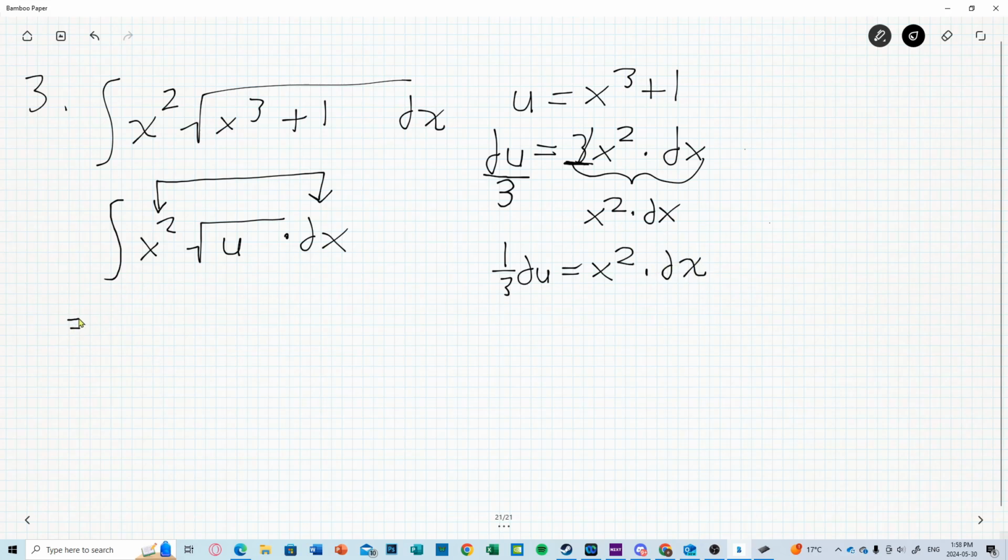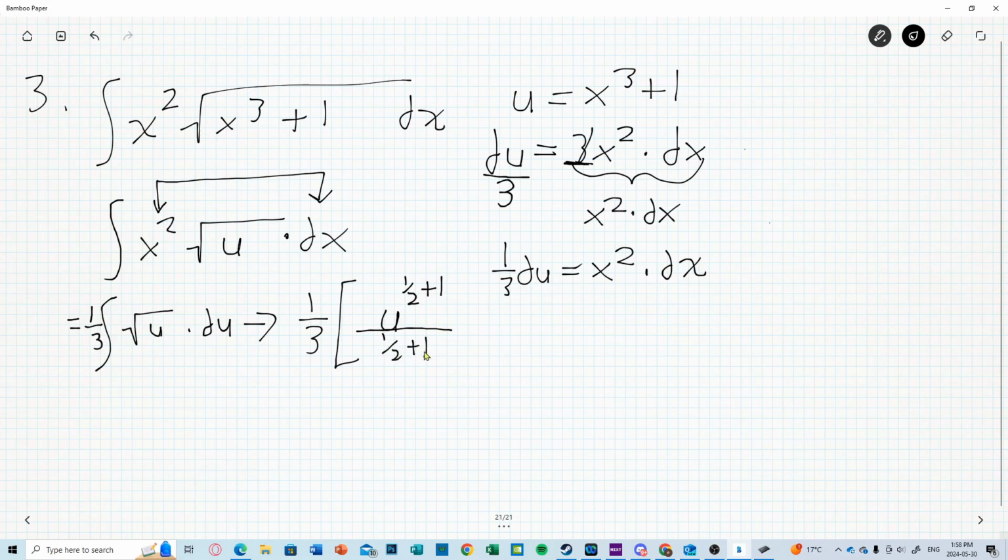So we could rewrite our equation as the integral of the square root of u multiplied by du, and since 1/3 is a constant, we can put that on the outside as 1/3. Then it's just an easy integral where you keep the 1/3 on the outside. It's going to be u, so instead of 1/2, you're going to go 1/2 plus 1, and you're going to divide by the 1/2 plus 1 as well.